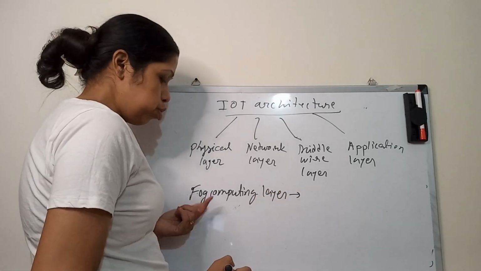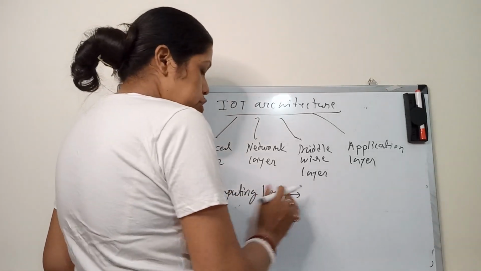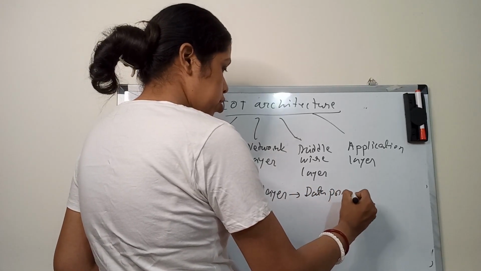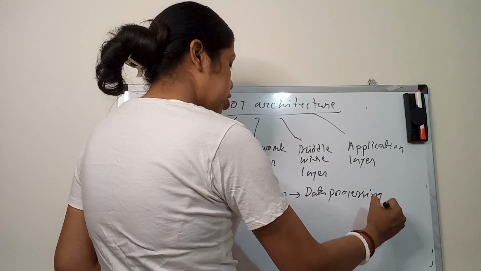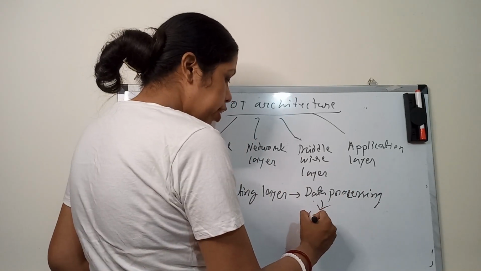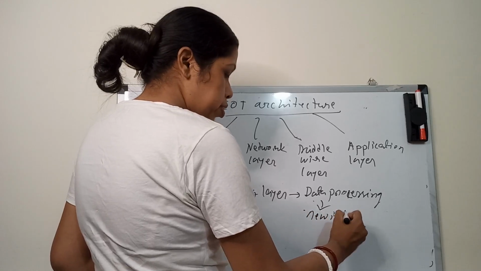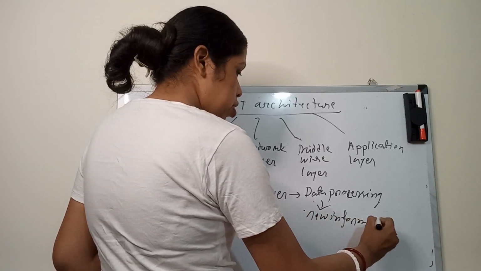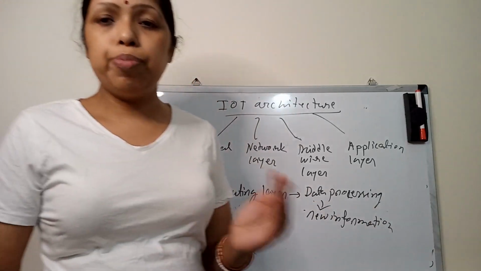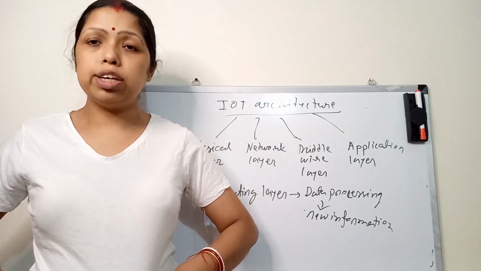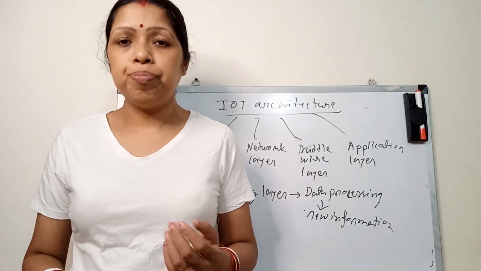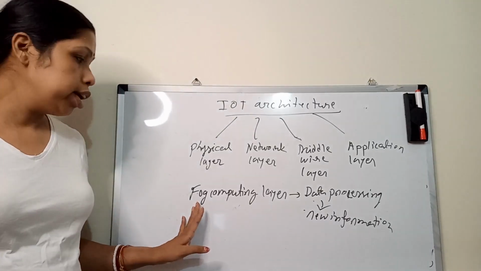This layer is associated with data processing. From the data processing, IoT can get new information. So from the fog computing layer, data processing can be done, and from it we can get some information related to IoT.